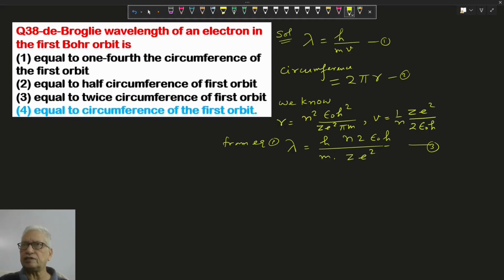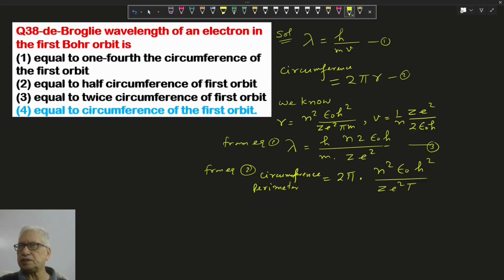And now the circumference from equation 2, circumference or perimeter, both are the same thing here, is 2 pi r. We have r here, n squared epsilon naught h squared upon z e squared pi m. Here you see equation 3 for lambda.